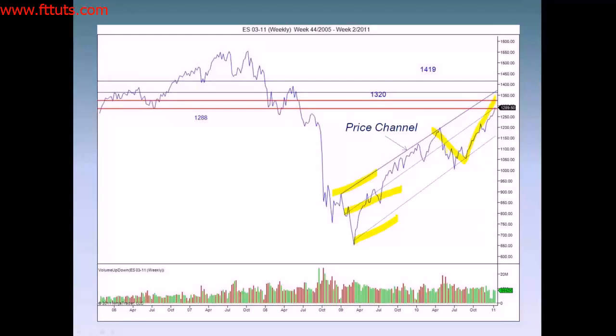There is actually a tool that you will find in your drawing tools based on this principle, because this movement happens very, very often, called Andrews Pitchfork. Basically, it tells us that price tends to move in a channel with an upper range and a lower range in the channel. And here, prices have dropped to the lower range of the channel, and they're coming back to test about the midpoint or the middle of the channel.